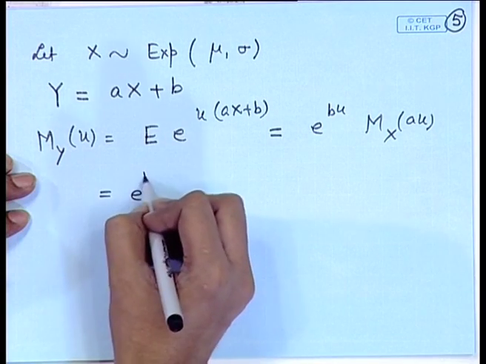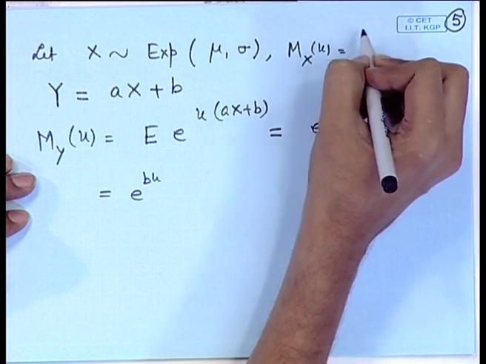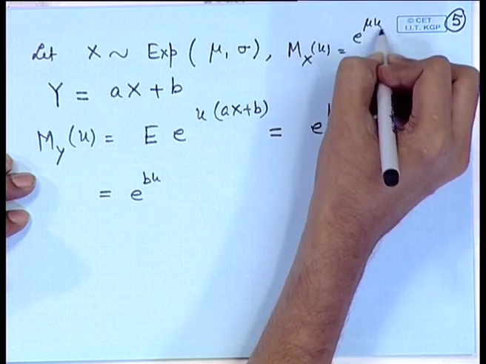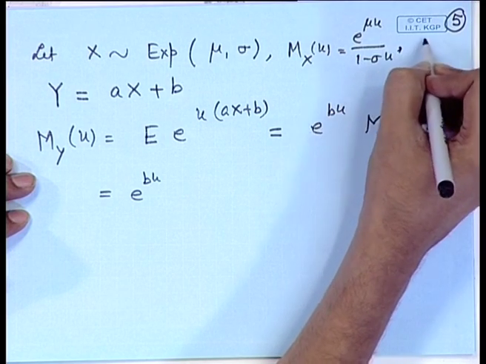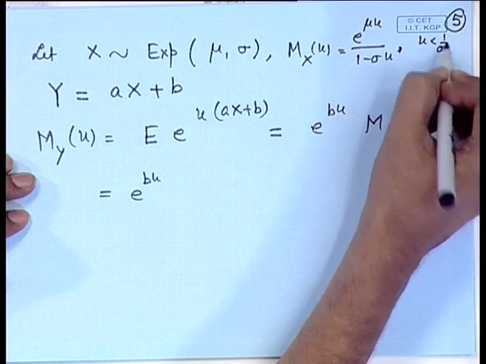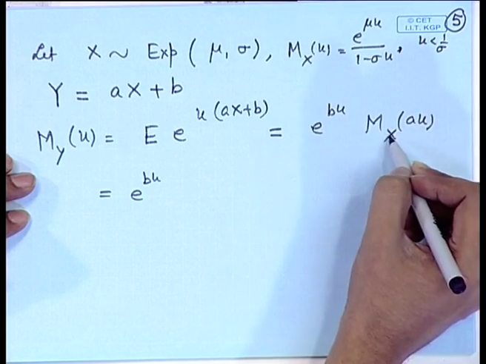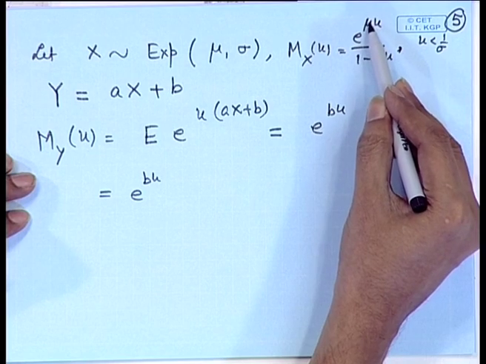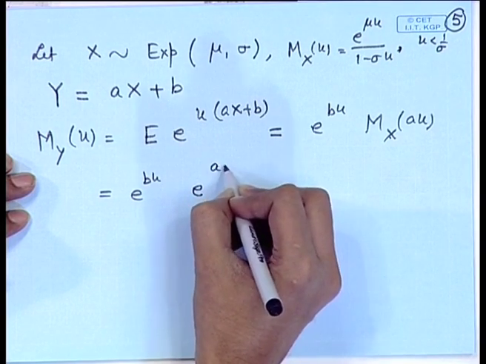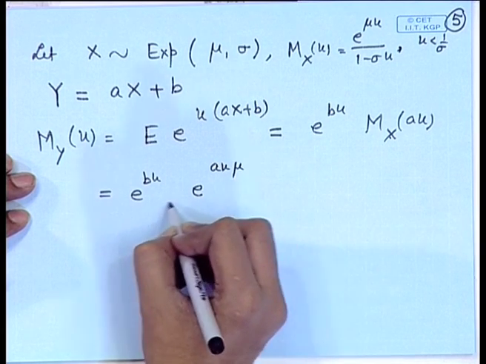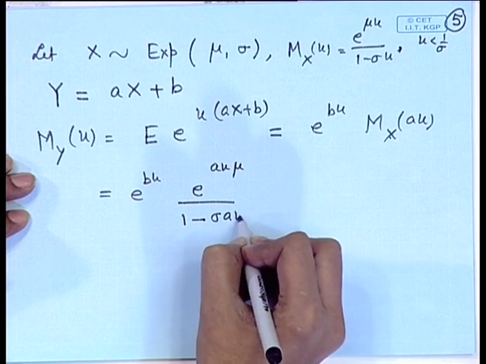So, what is the moment generating function of x at the point u? That we derived as e to the power mu u by (1 minus sigma u) for u less than 1 by sigma. So, in place of u we can put a u here. So, it is equal to e to the power a u mu divided by (1 minus sigma a u).